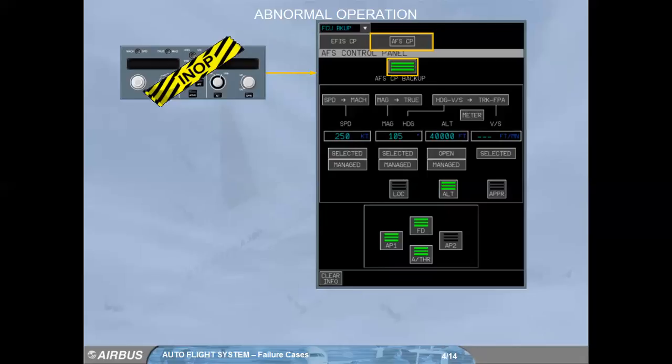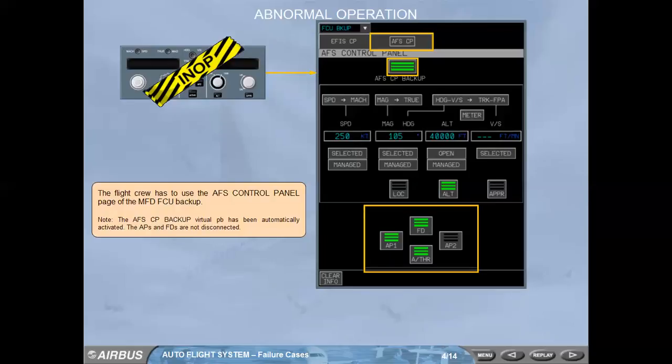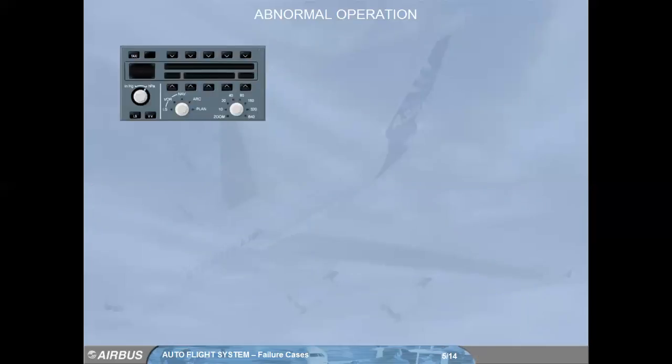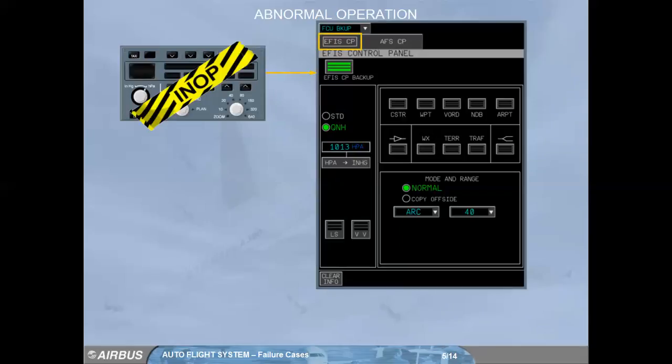Note: the AFSCP backup virtual push button has been automatically activated. The autopilots and flight directors are not disconnected. In case of FCU control panel fault, the flight crew has to use the FCU control panel page of the MFD, the FCU backup.